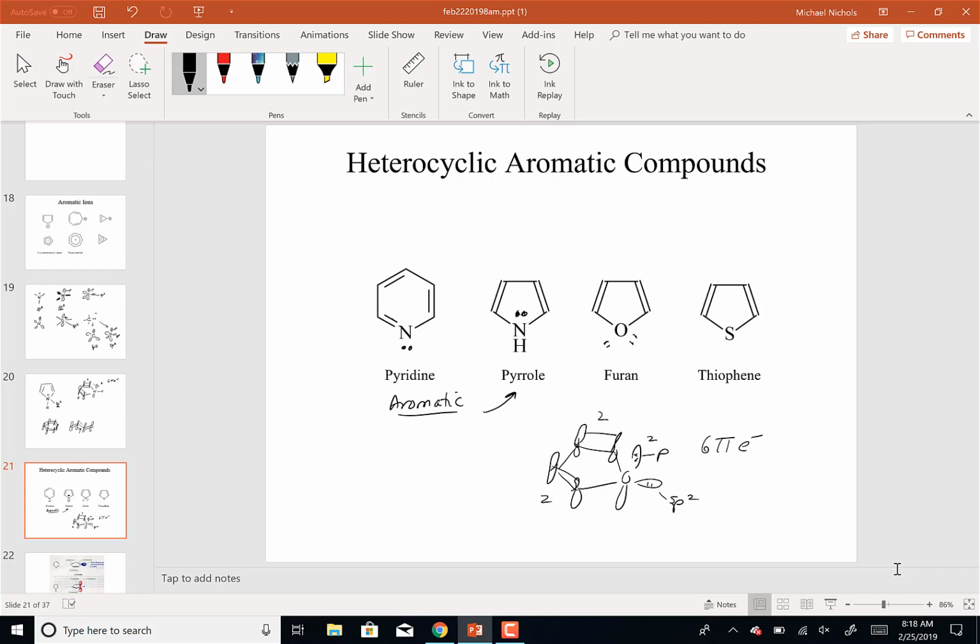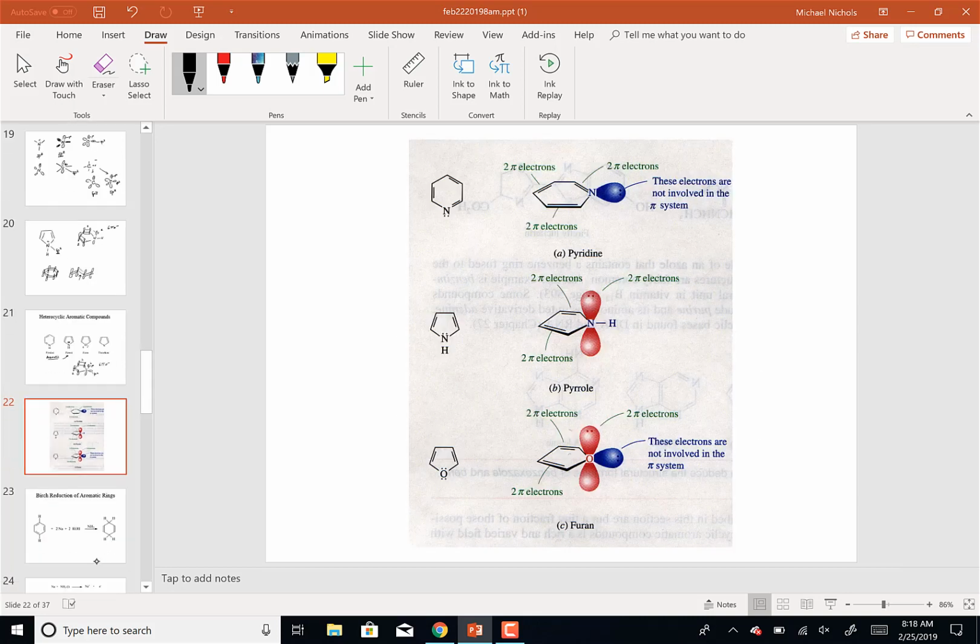So that system is also aromatic. Everybody with me? And then in the PowerPoint notes, it just gives you the more colorful pictures of that.